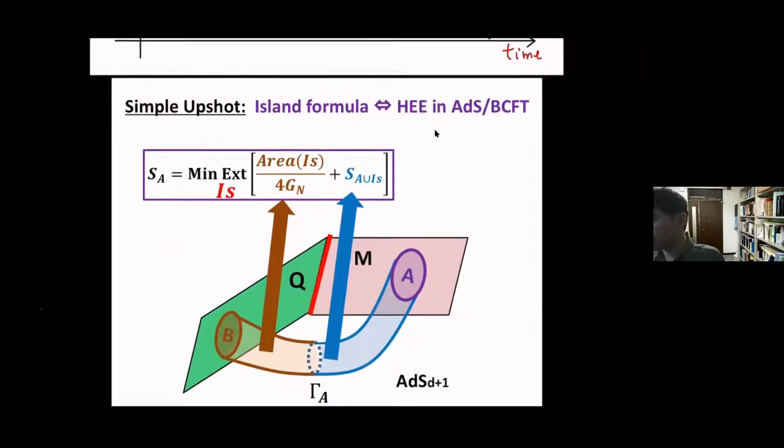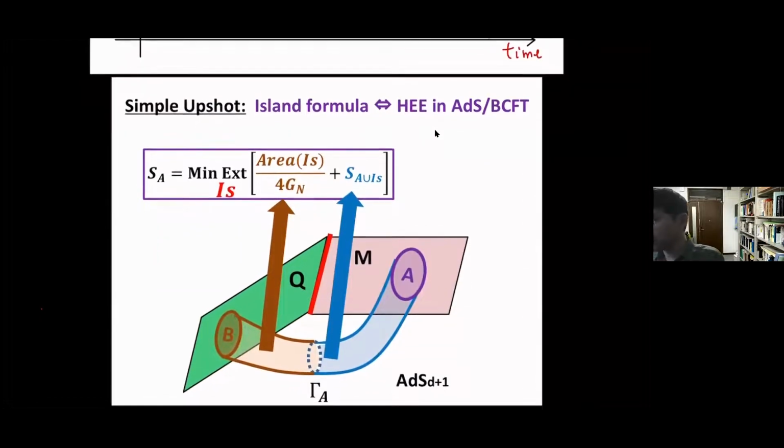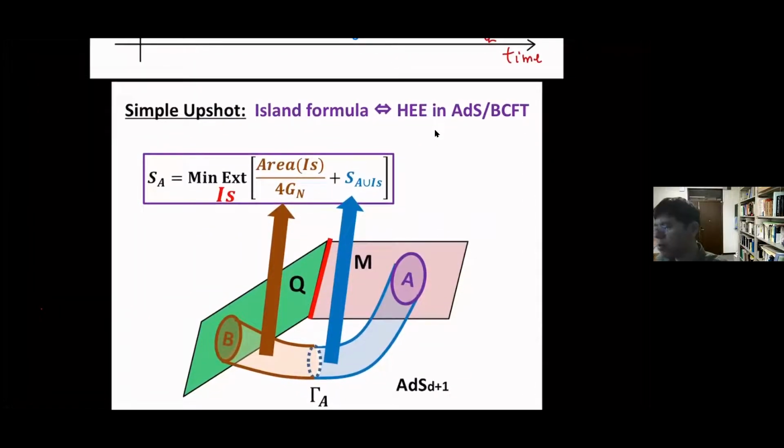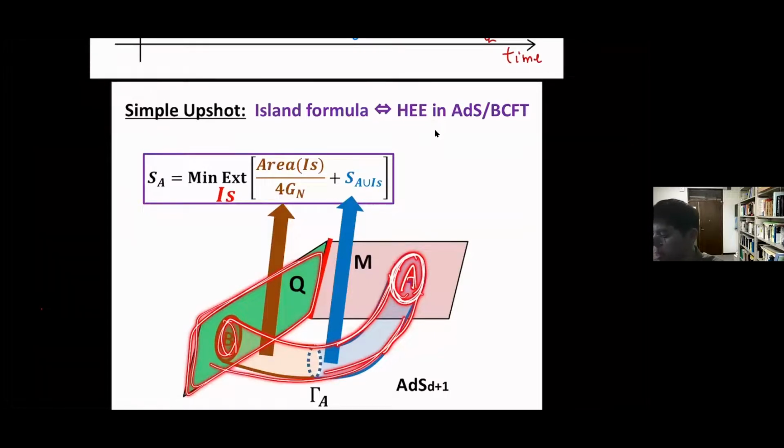I go to the final topic, but let me summarize here. We have this island formula, and it comes from AdS/BCFT, as already mentioned. We compute the entanglement entropy for region A, and to calculate the entanglement entropy with the Neumann boundary, the minimal surface can end on the end of the world brane. It can end on the boundary of A, the boundary of Q, and you can choose any shape of B, right?